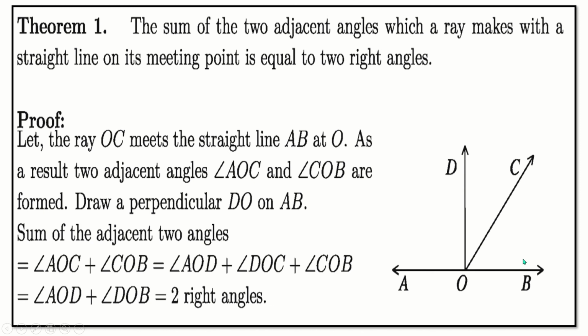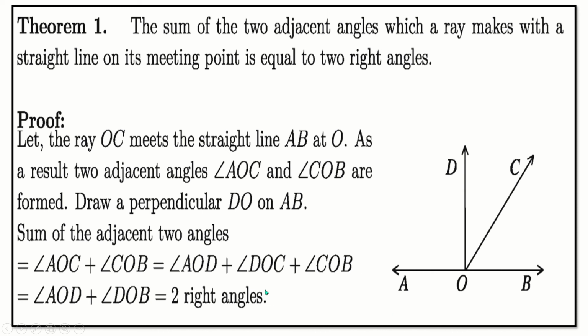Draw a perpendicular DO on AB. Sum of the two adjacent angles, that means angle AOC plus angle COB. But angle AOC is equal to AOD plus DOC, and this angle is the same, that means COB.